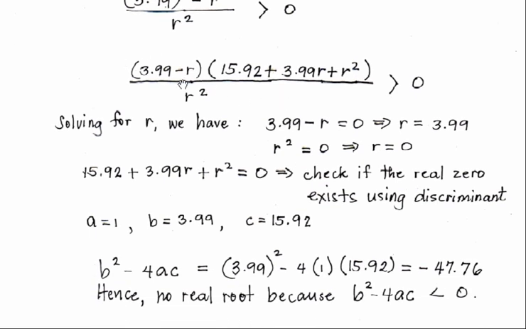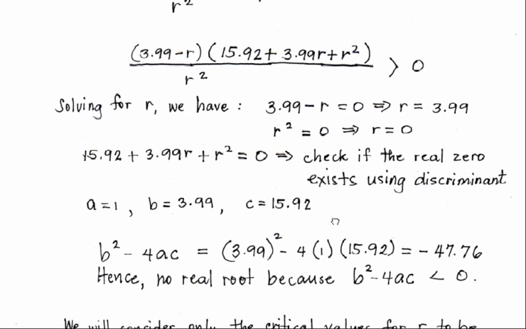Since all the expressions in the numerator are in factored form, we can set each factor equal to 0. Let's do that with 3.99 minus r equals 0, giving us r equals 3.99.